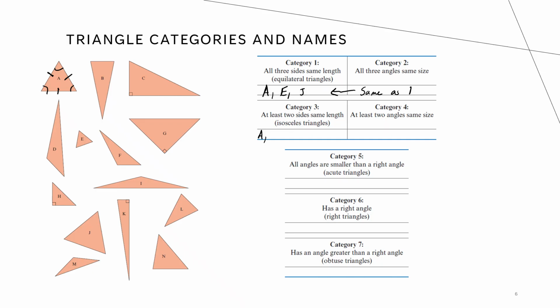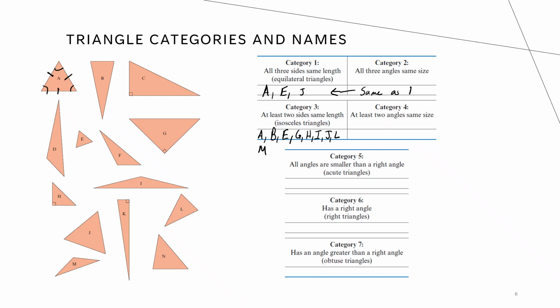We're going to go with at least two sides the same length, making something isosceles. So if we do that, we have A, B, E, G, H, I, J, L, and M are all isosceles.